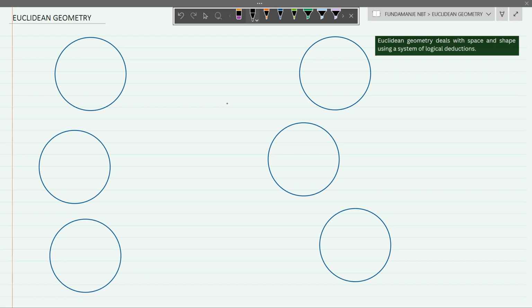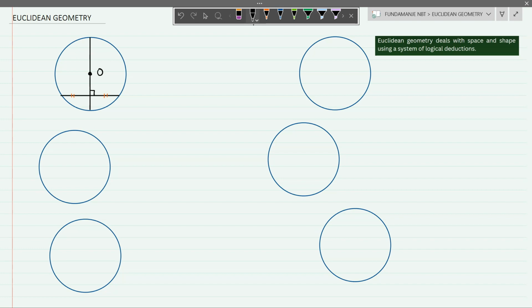So we're going to start off with the first theorem, which states that a line from the center is a perpendicular bisector of a chord. Meaning, if I have a line that passes through my center O, and that line bisects a chord, it means it also cuts that chord perpendicularly.